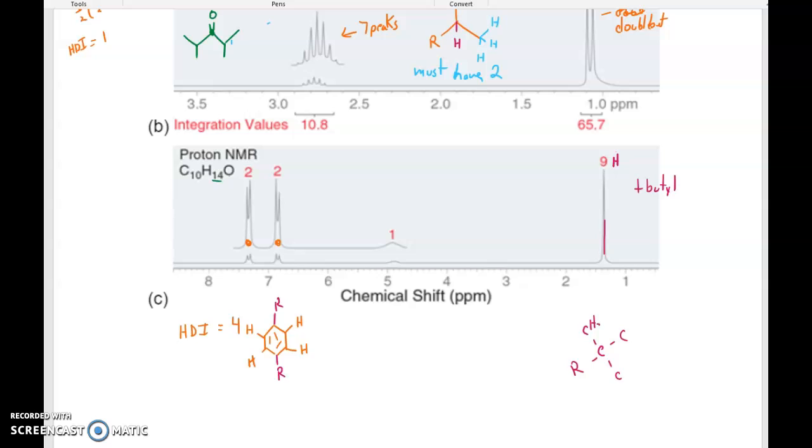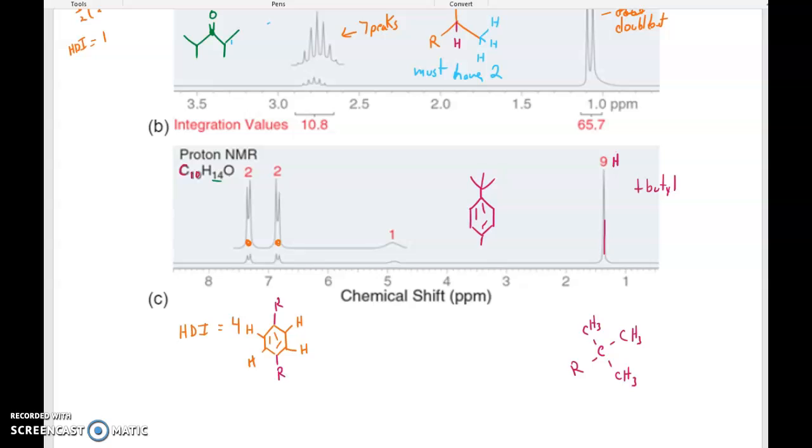And each one of these will have 3 hydrogens on it. Okay, so now we've accounted for 6, 7, 8, 9, 10 carbons, and we have 10 carbons in our compound. So we've got all our carbons accounted for. Let's put this T-butyl group right here.